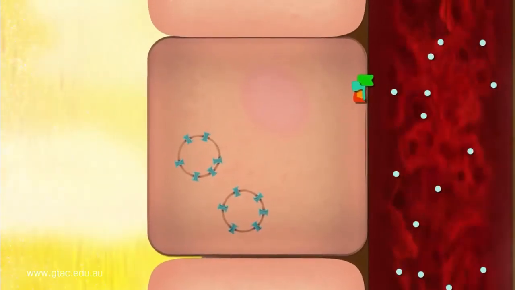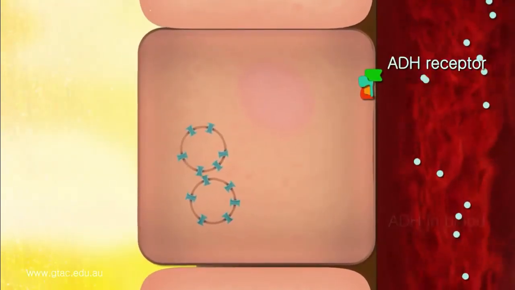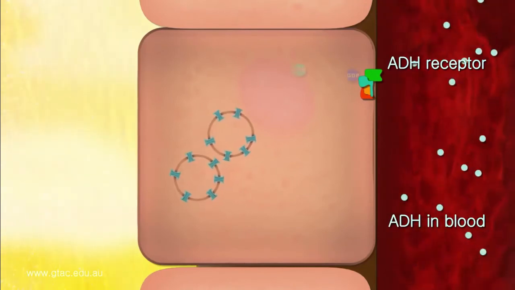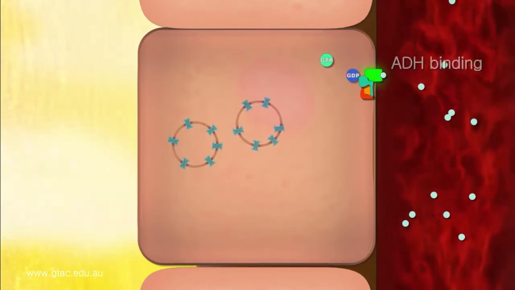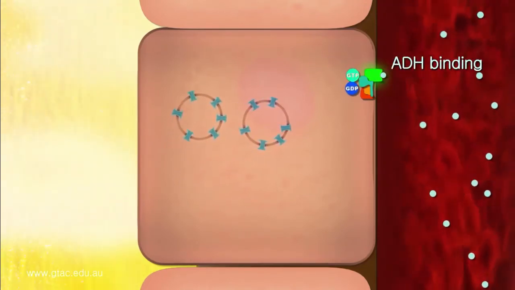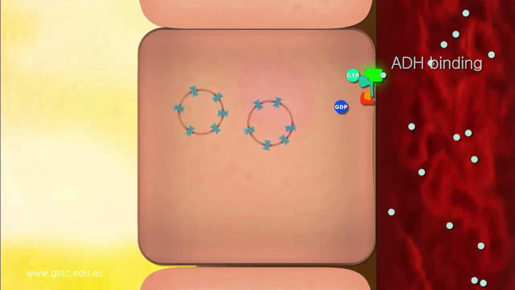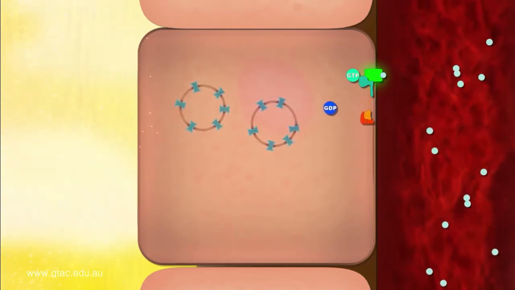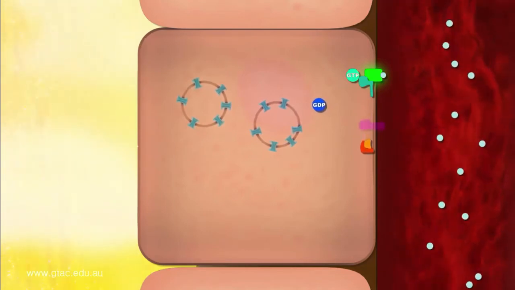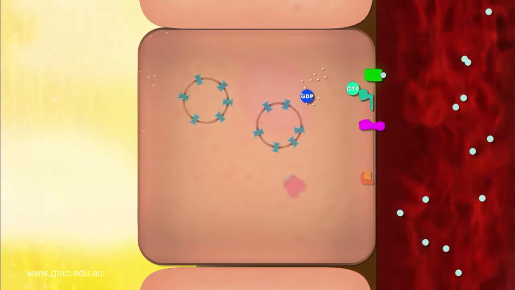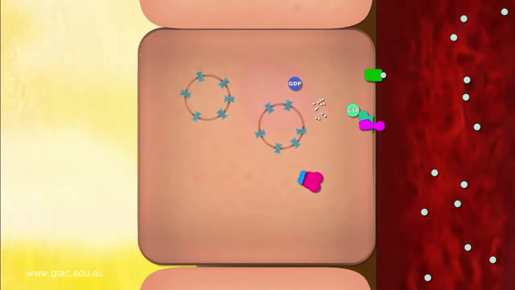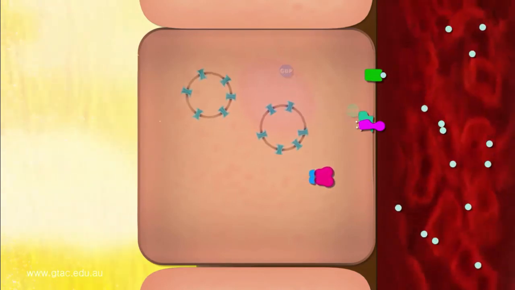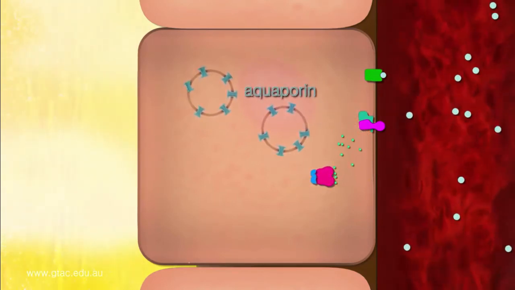ADH receptors are located on cells lining the collecting duct. ADH binding to its receptor triggers a cascade of interactions between molecules inside the cell. This process is called signal transduction. It activates vesicles containing water channels called aquaporins.